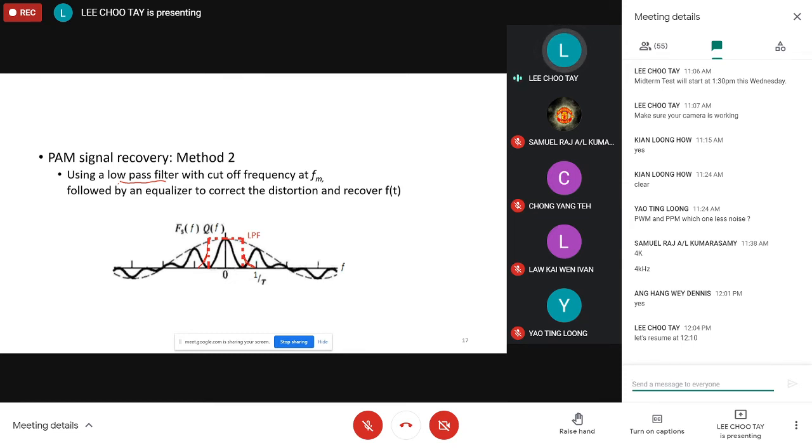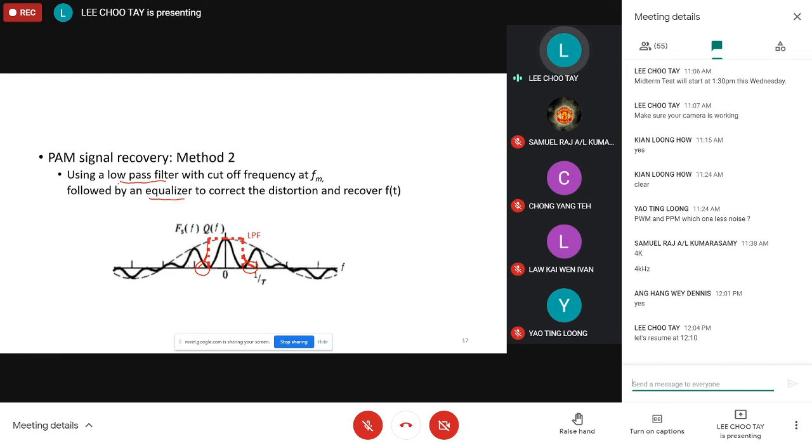If your low pass filter looks like this, that means you're going to let some of this signal over here pass through your low pass filter. Then you have to make a correction here, and the correction basically is by the use of the equalizer.